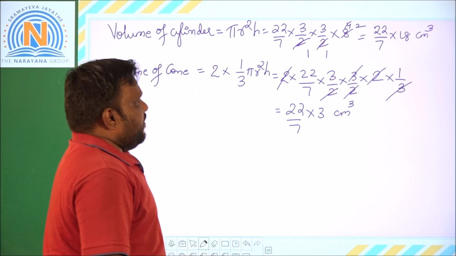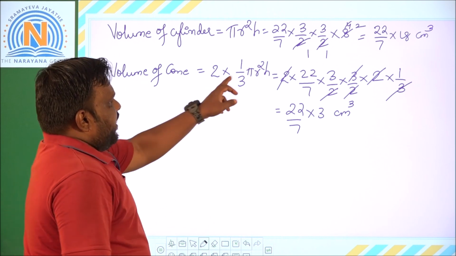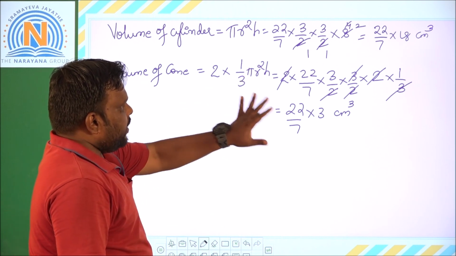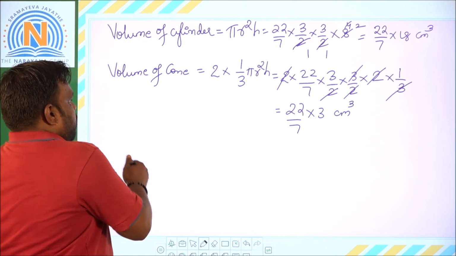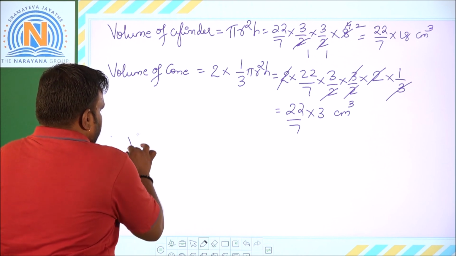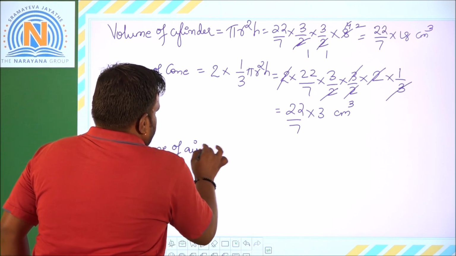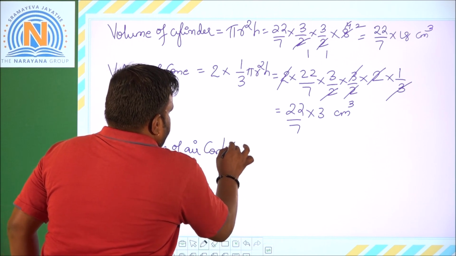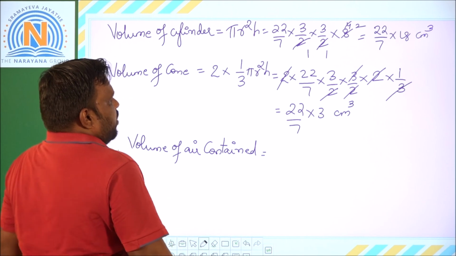This is what I am left with right now. Here 2 into 1 by 3 pi r square h. So 2 into 3. Right now next one is, therefore volume of the total model, since it is the air contained in it. So volume of the air contained in it is equal to the addition of both of the volumes.